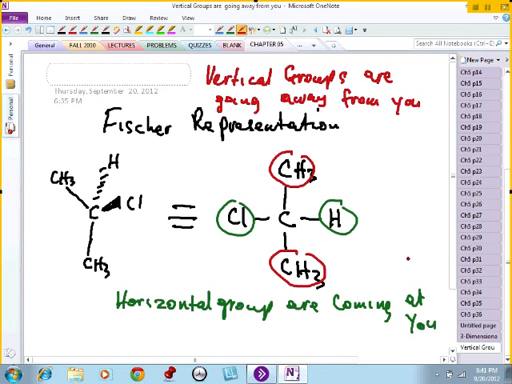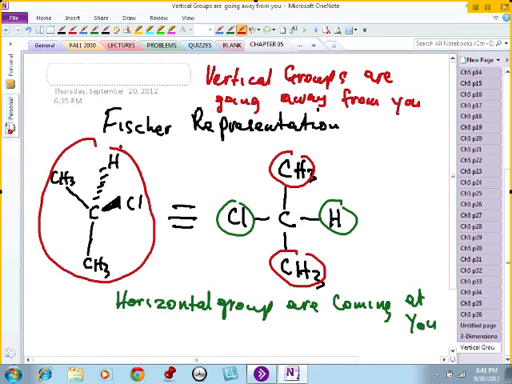This is what you told me when we wrote this here. This is what I gave you, and that is the one on the left. This is the way you are looking at this molecule.